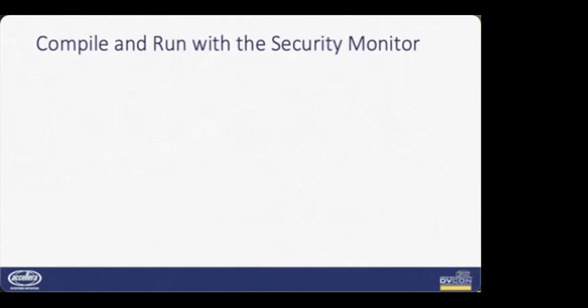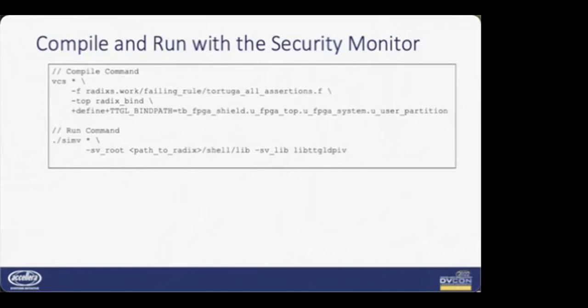Once the security monitor is created, we compile and run with it. In this example, I will use VCS, which is a compiler and simulator from Synopsys, but the steps are the same when we run with simulator Xcelium from Cadence or Questa from Mentor.